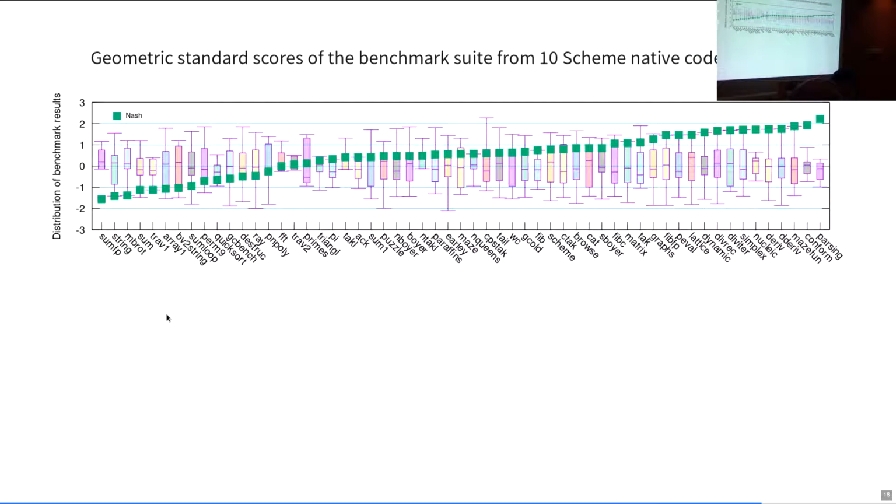The next graph shows the geometric standard scores of the benchmark suite from 10 Scheme native code compilers. The box plot, lots of box plots. And lower value is better, and 0 means average.